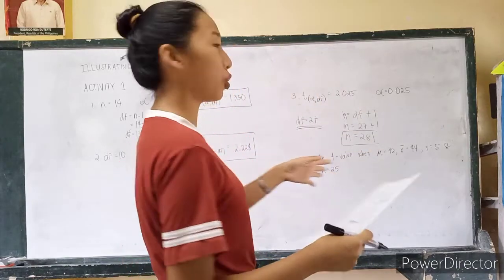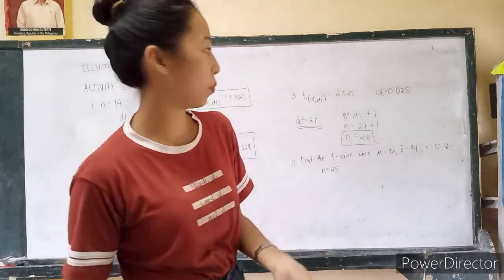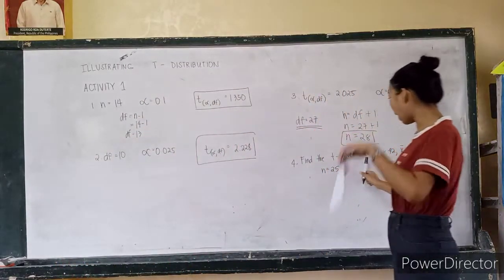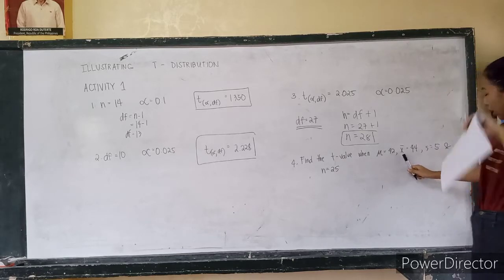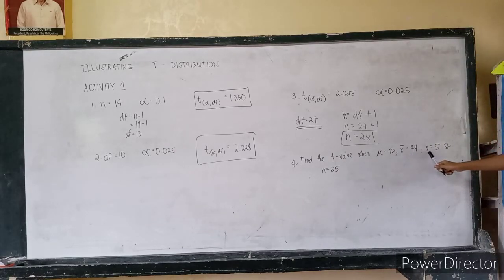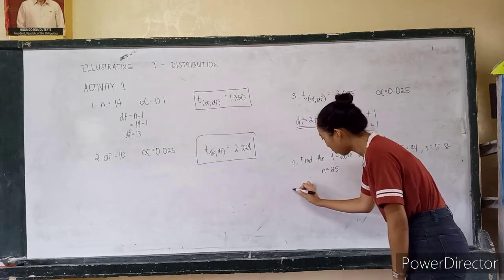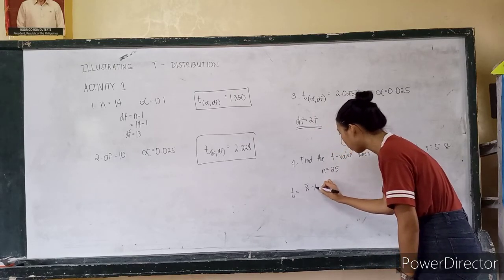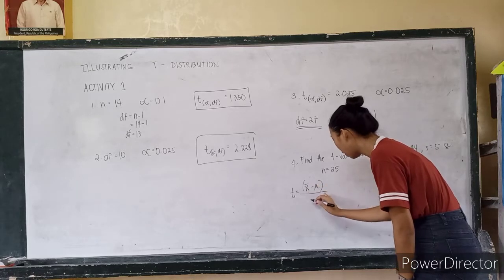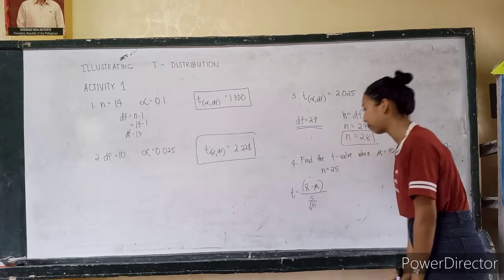Last, we are going to use the formula that I presented a while ago. Find the t value when your population mean is equal to 42, sample mean is equal to 44, sample standard deviation is equal to 5, and sample size is equal to 25. If you can still remember the formula, t is equal to x bar minus mu over s over square root of n.